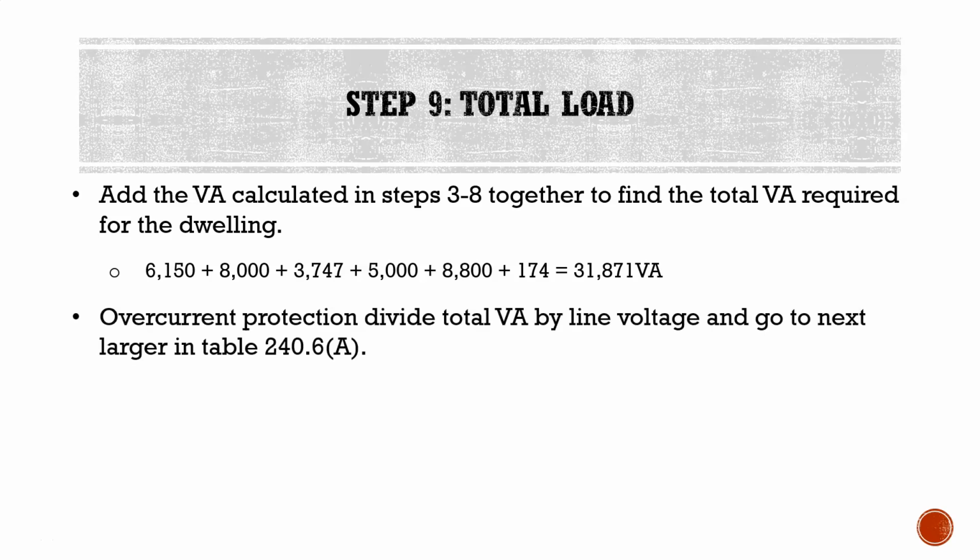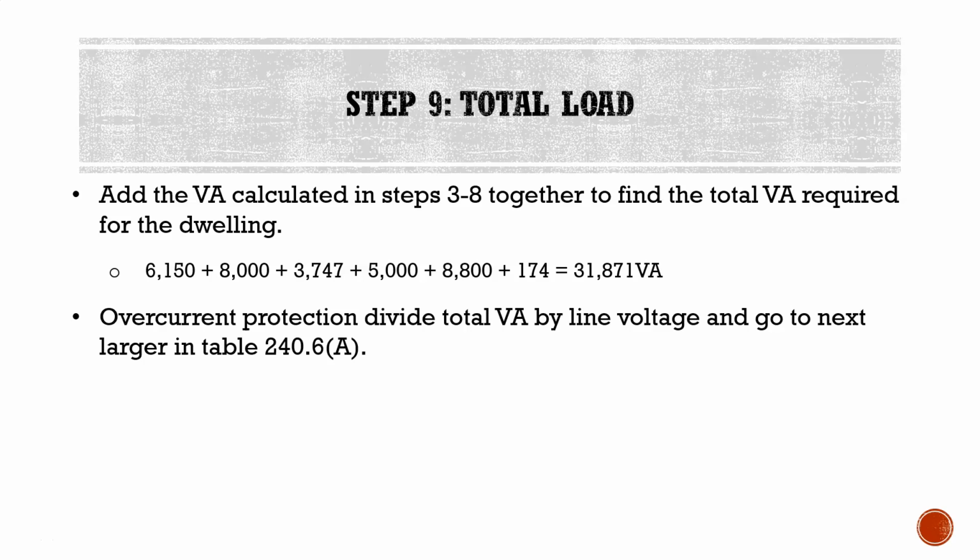Next, we need to actually figure out what size service this is going to be. For those of you who have ever worked on a service or been in Lowe's or Home Depot and seen where they have service panels or meters for sale, they're sized in amperage. So in other words, we're going to have to convert this volt amp to an amperage amount we can use.